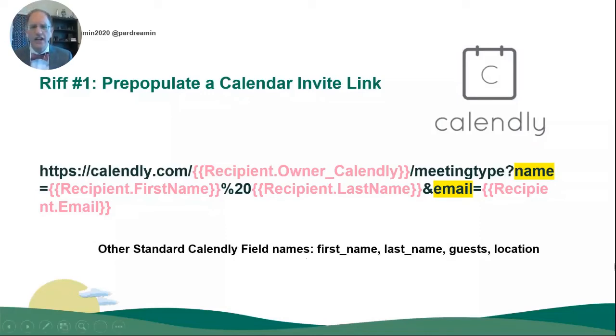But you can see here in the highlighted, I've got the name equals, and then you use the recipient's first name and last name, and then the email address as pre-fill URL parameters. Calendly has some documentation on this, but it is something that I've used quite effectively for several clients, where you basically click the link, and all you have to do is pick a time, and it fills out the rest for them.